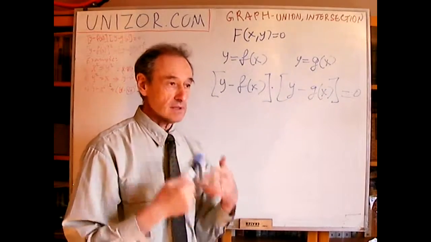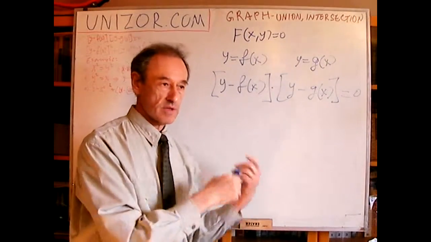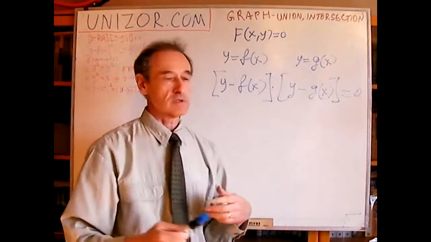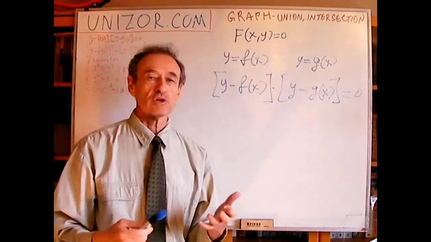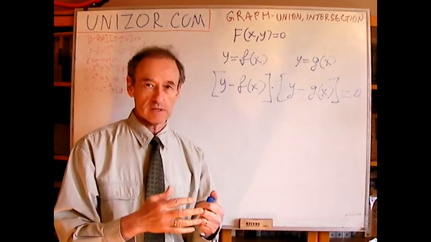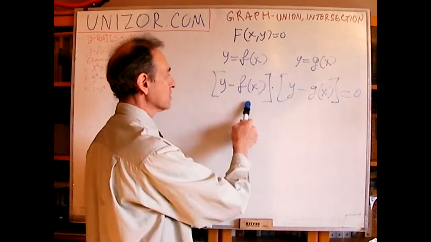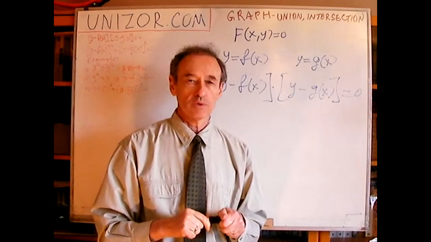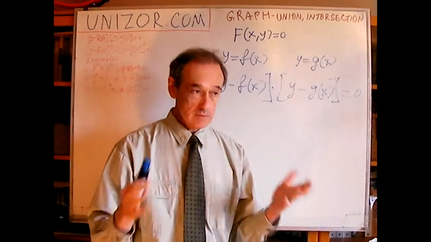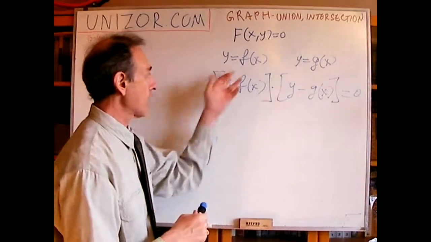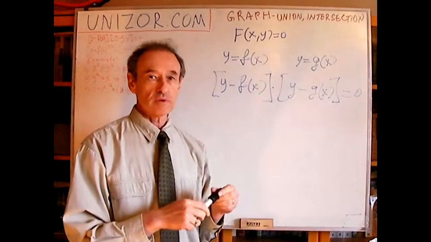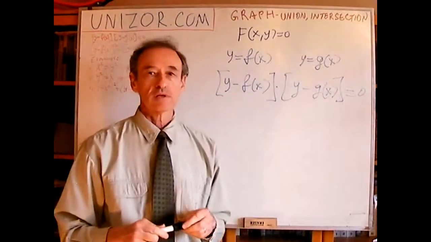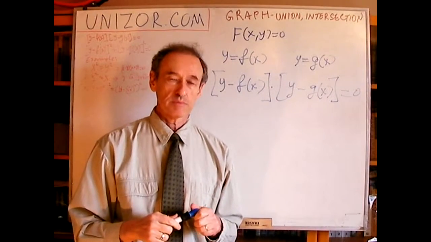The fact that this is "or" means we are unionizing all the points which belong to this with all the points which belong to that. This means that our two separate graphs will be unionized when represented by this particular equation.